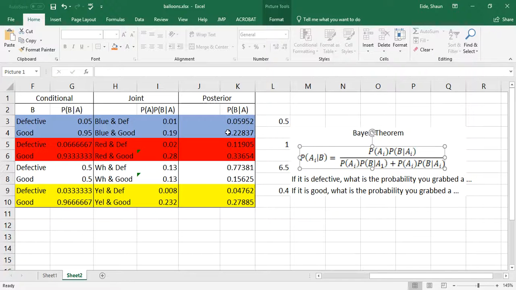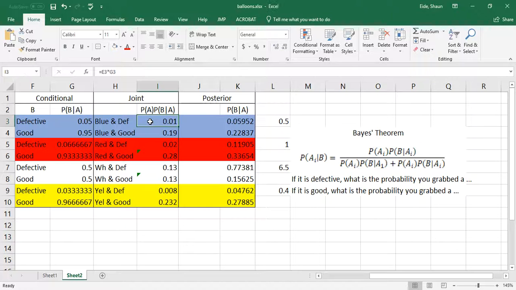So we've got the joint probability of blue being defective in the numerator, and the sum of blue and defective, red and defective, white and defective, yellow and defective, all in the denominator.